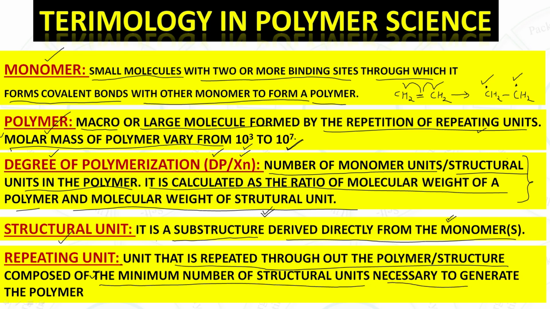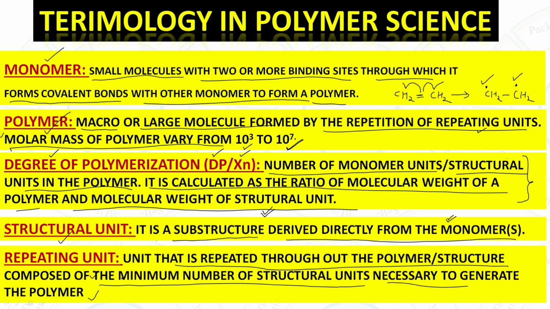That means if you want to synthesize a polymer, there is a requirement for the minimum number of structural units. When this minimum number of structural units is there, these structural units form a repeating unit, and when this repeating unit continues, it gives you the polymer.